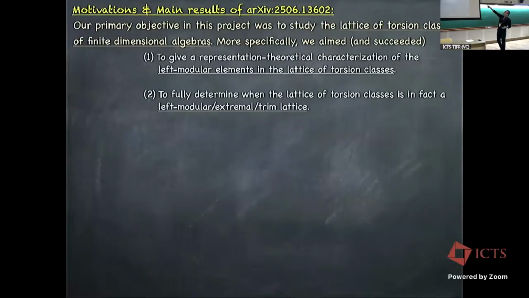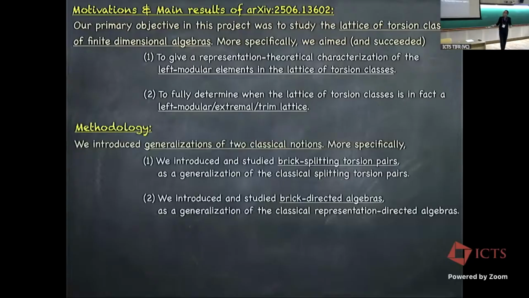We wanted to describe left modular elements in terms of certain categorical phenomena. And we wanted to further classify what lattice of torsion classes are left modular, extremal or trim. Again, may not be necessarily the most familiar terms to you. What was the methodology?